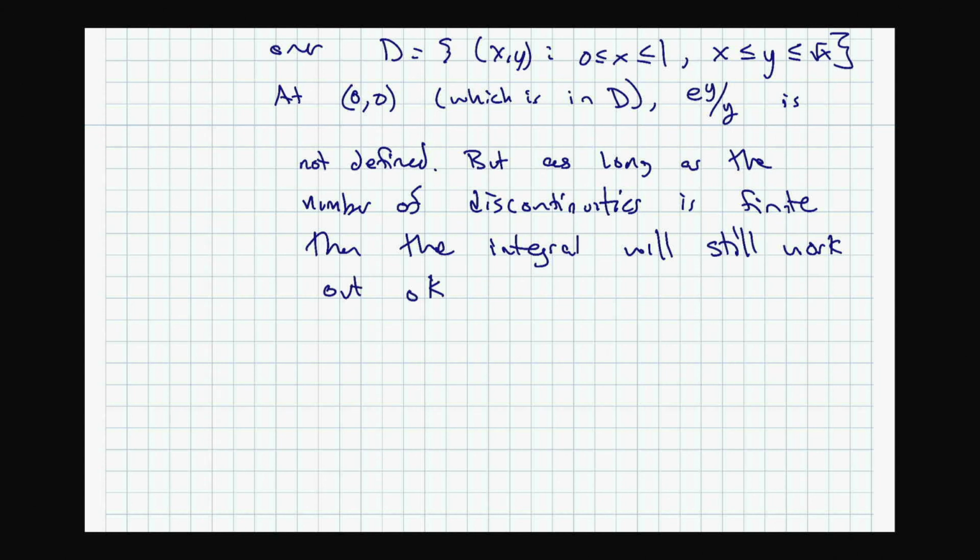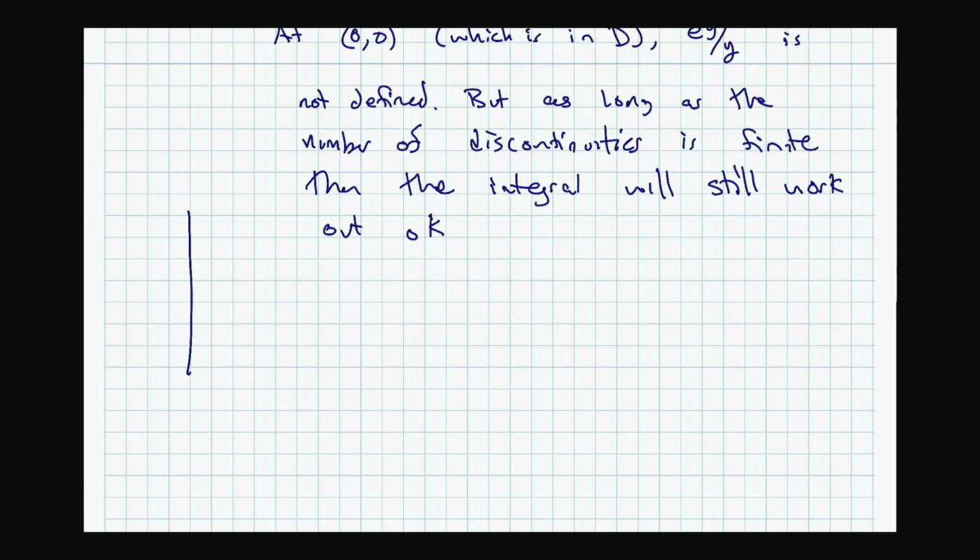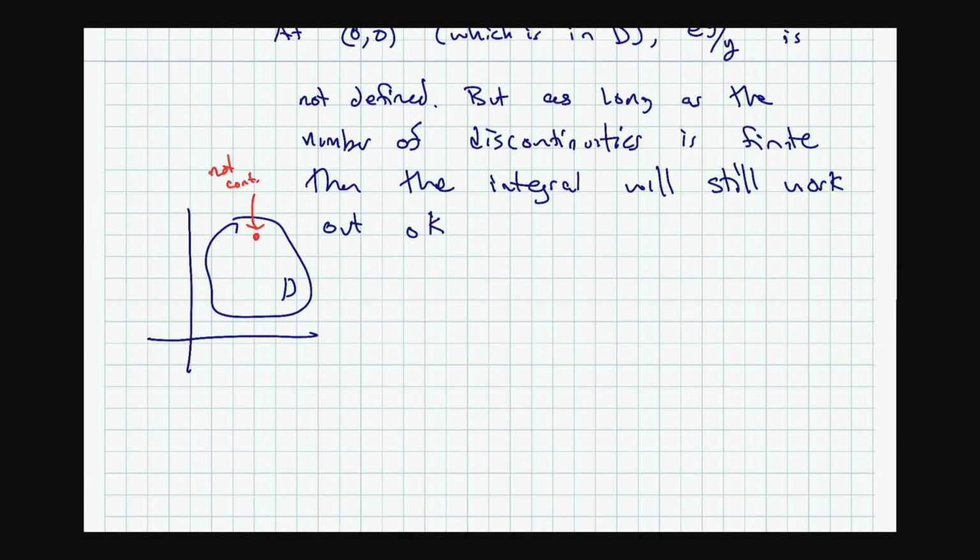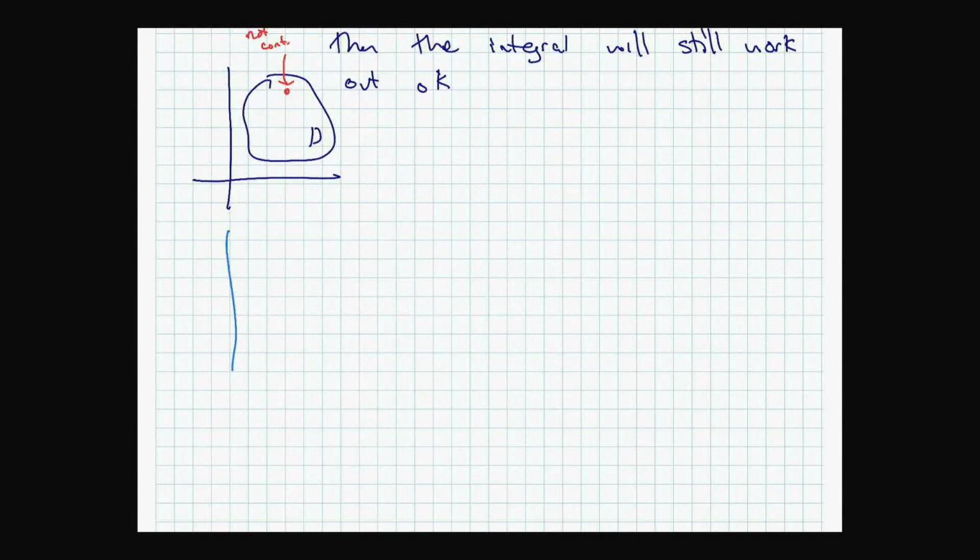Now the reason for that is because if you think about your domain D, and you have just one point where it's not continuous, what you could think about doing, which we don't formally do at all, so don't feel like we're about to do this, is you could say, what if we just change D to just leave that point out?